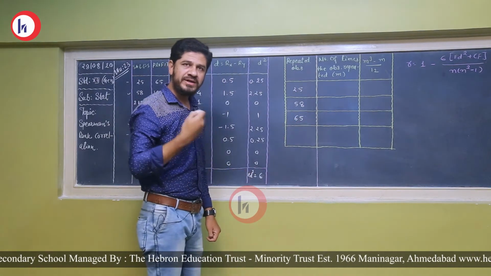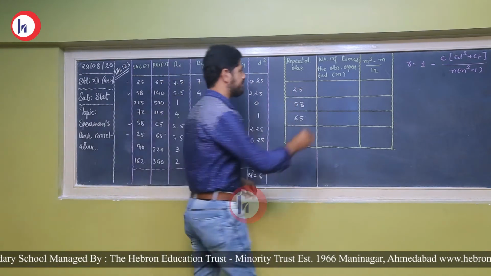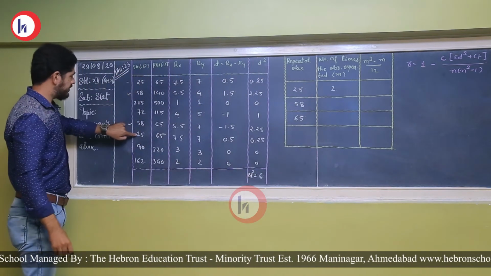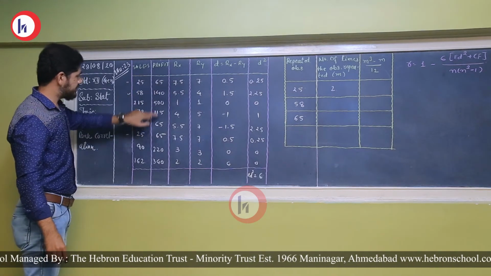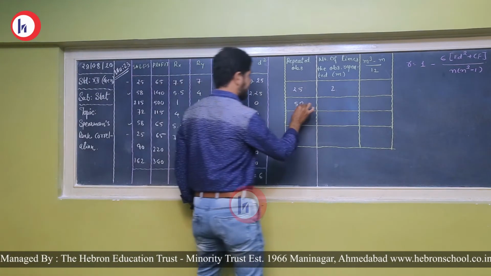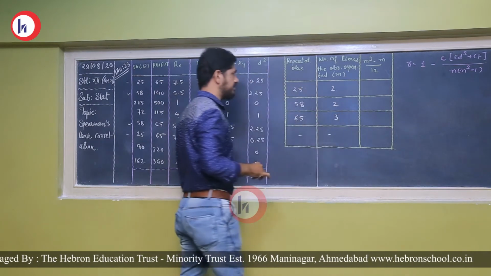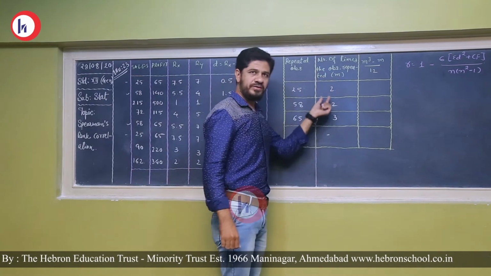Now how many times are they repeating? So 25 is repeating 2 times, right? 25 and 25. Again 58 is repeating 2 times while 65 is repeating 3 times. So 58 2 times and 65 3 times. Now friends, the number of times the observation is repeated, we found it.